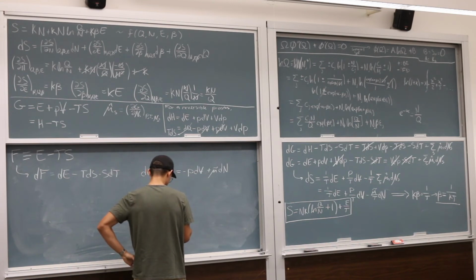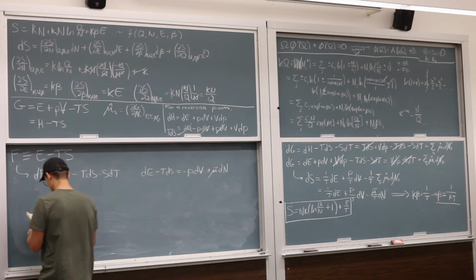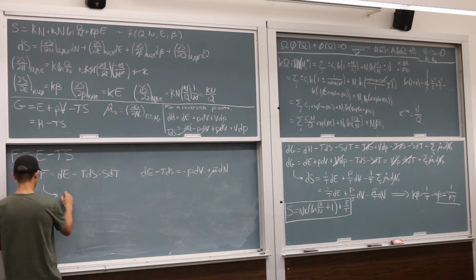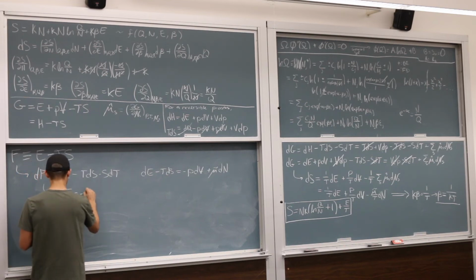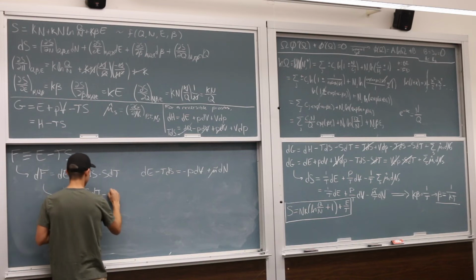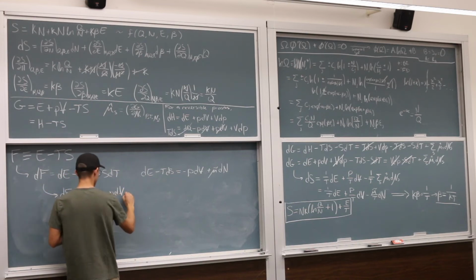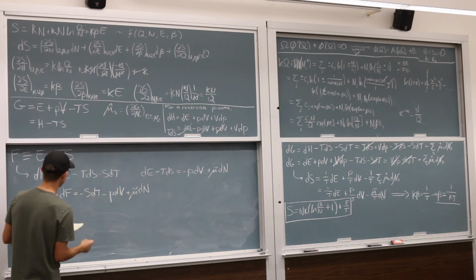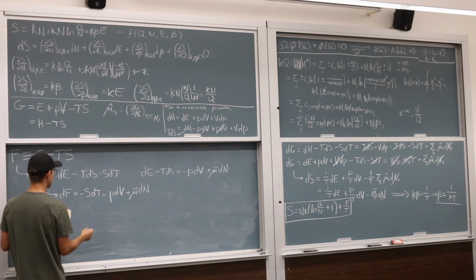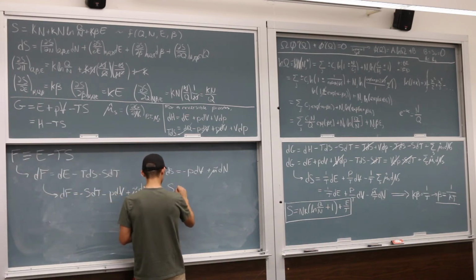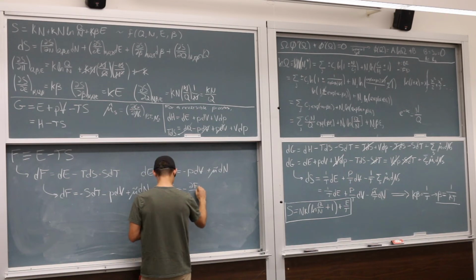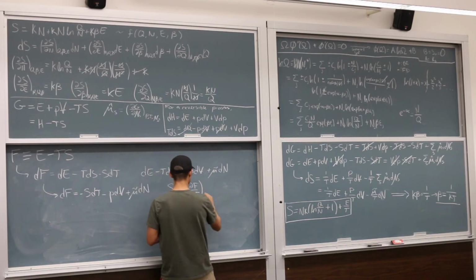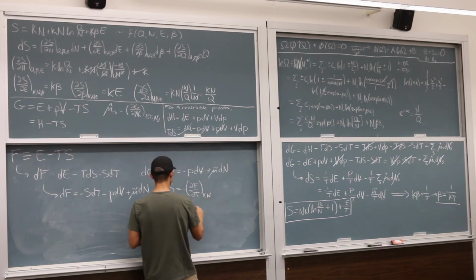So then we can rewrite this again. dF is equal to minus S dT minus P dV plus mu tilde dN. Okay? And so what this tells us is that S is equal to minus dF/dT, holding the volume and the number of particles constant.